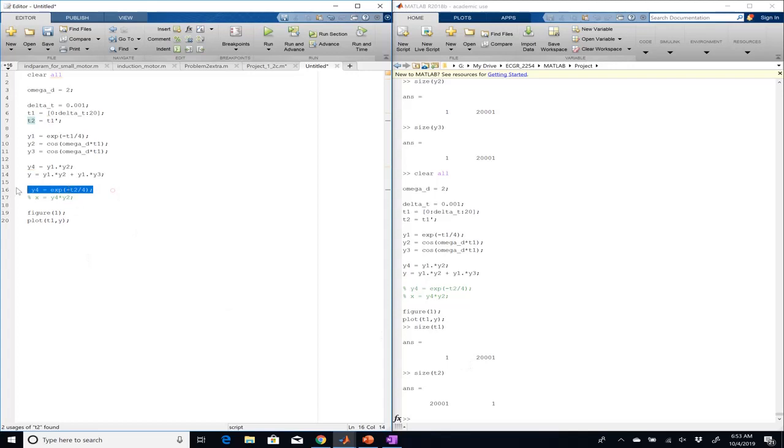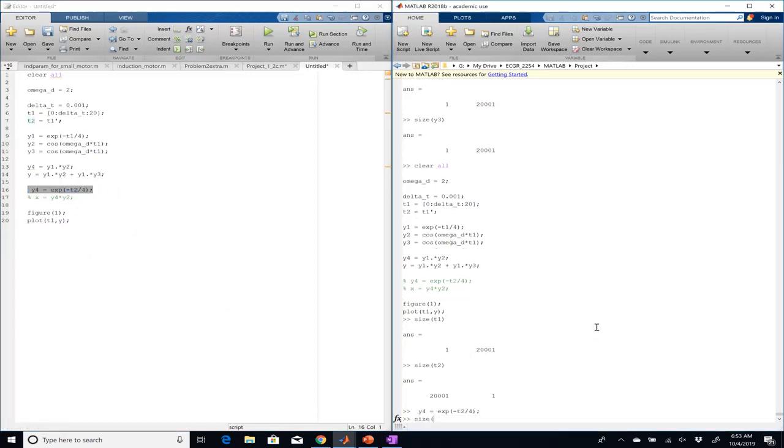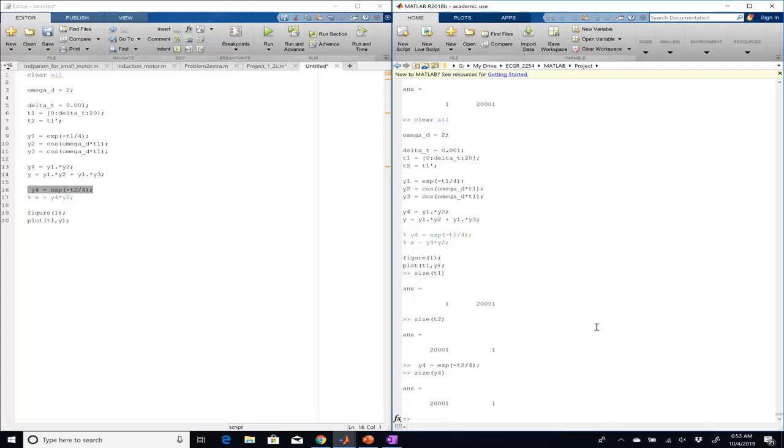Okay, so let's execute that. Now I take size y4. So y4 is 20,001 entries, because T2 had 20,001 rows, and y4 has that result. Now, let's say I wanted to multiply that by y2. y2 has 20,001 entries, and y4 has 20,001 entries, but they're on different dimensions.